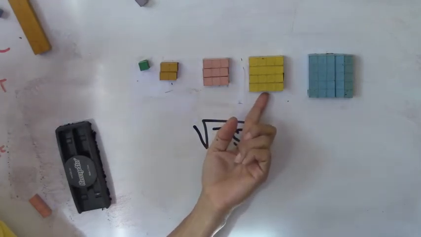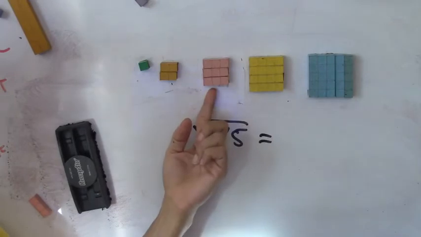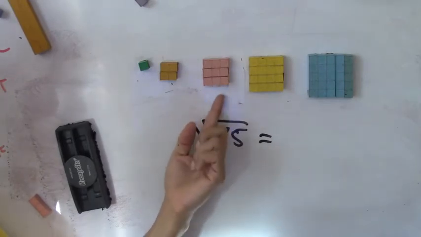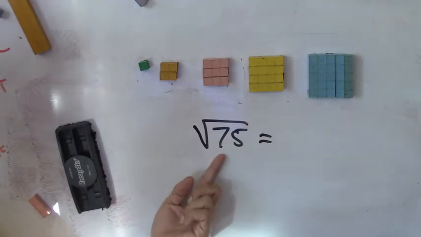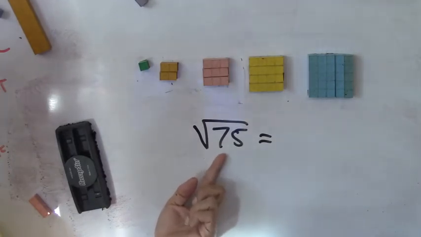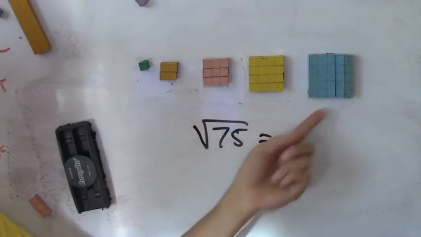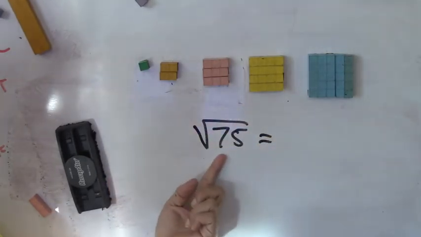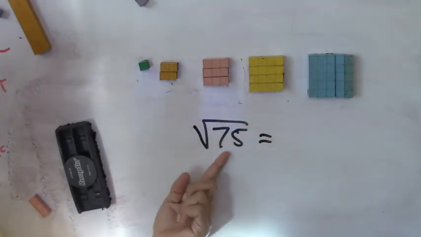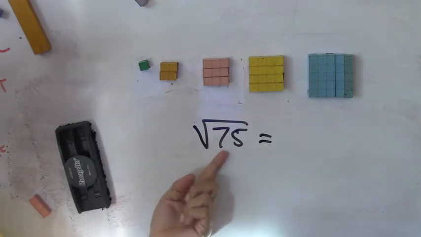No. The 9? I'm never going to count to 75 with 9s either. 9 times what is 75? Oh, the 1. Well, try again. The 4s, I'm never going to be able to count to 75 by 16.